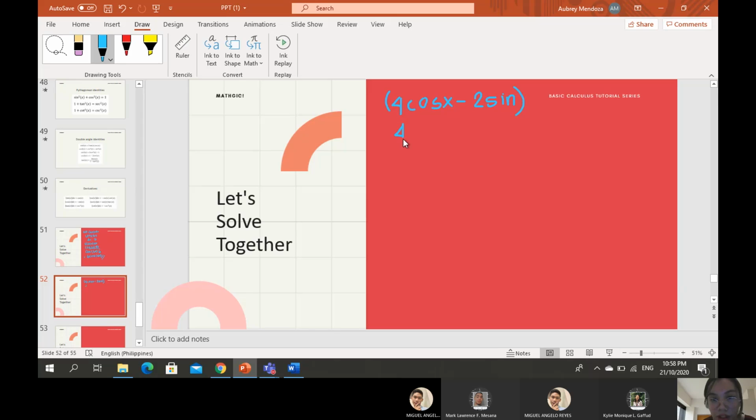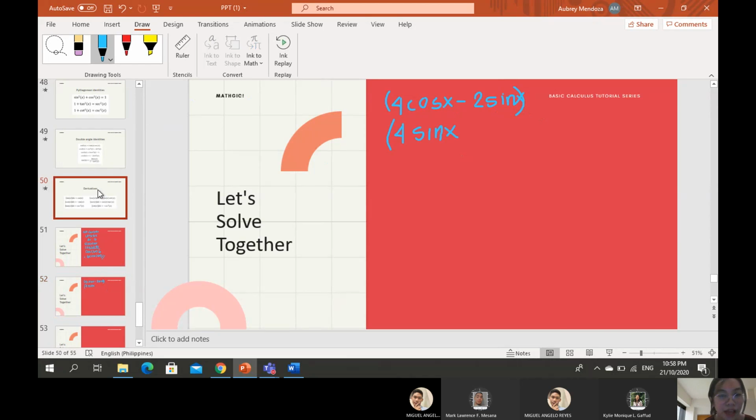So let's copy the 4 sine x, and then let's get the derivative of sine x. Wait, I forgot to put x here. There should be x here.